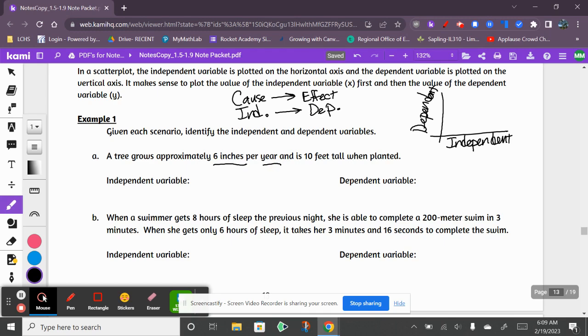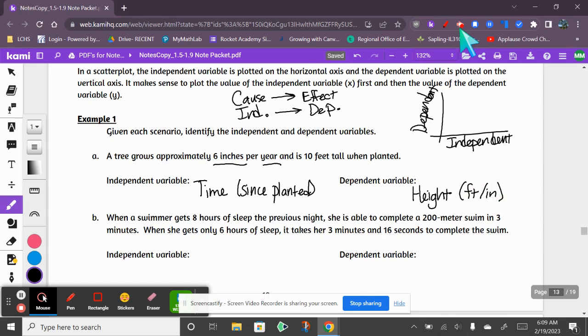So our independent variable is going to be time. And it's going to be the time since planted. And our dependent variable is the height. And this one they give us, it's either in feet or inches.